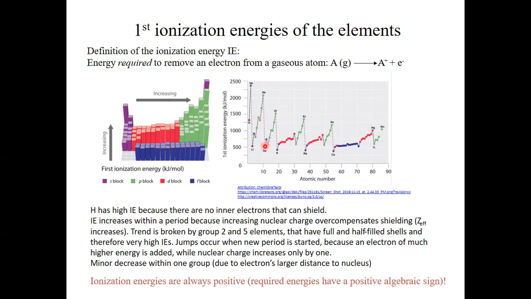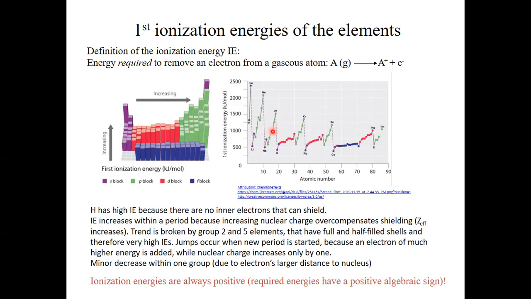When we look into the third period, we see again that magnesium has a higher ionization energy than aluminum, and that phosphorus has a higher ionization energy than sulfur.